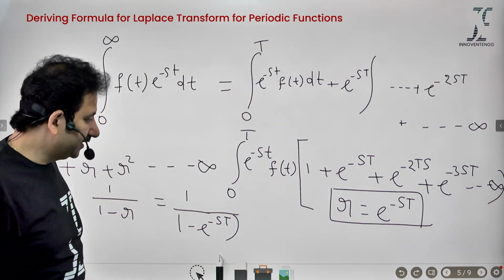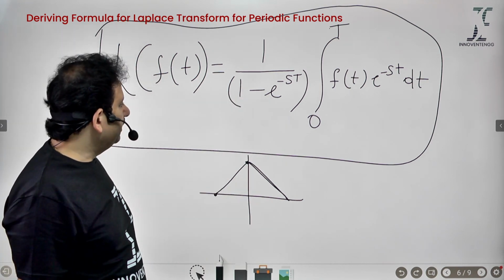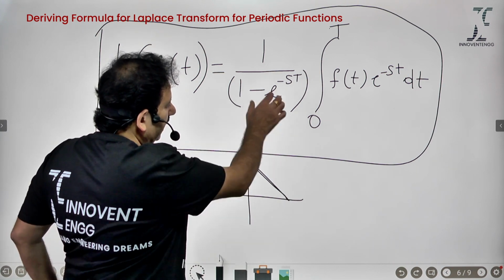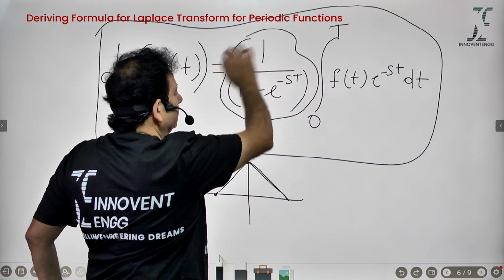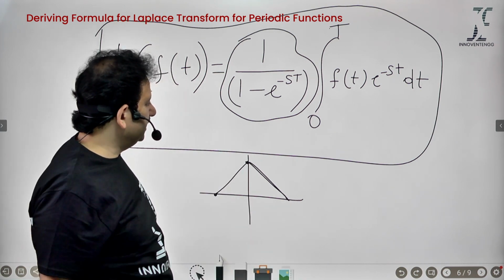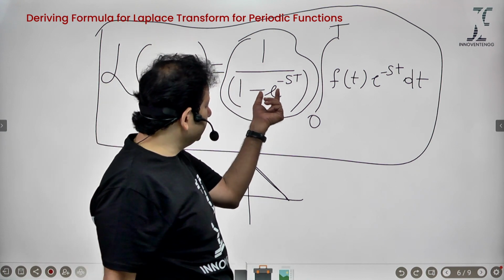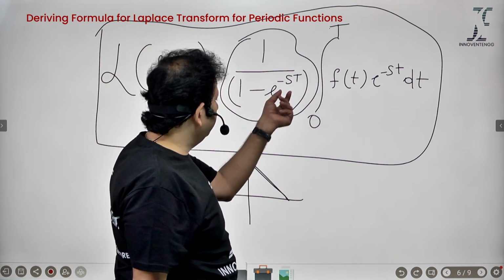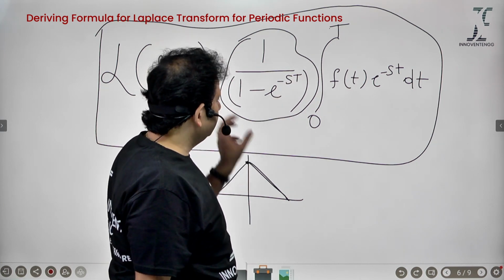So therefore we have got this, and when I substitute all of this in the final expression, because this integral becomes common for all, if you take it out, and this is the sum of the infinite geometric series, you will get this, and this remains constant for all the periodic waves, because this is the period, this is a constant.